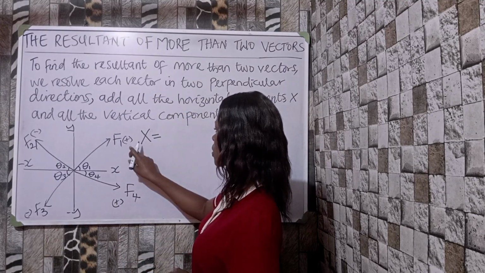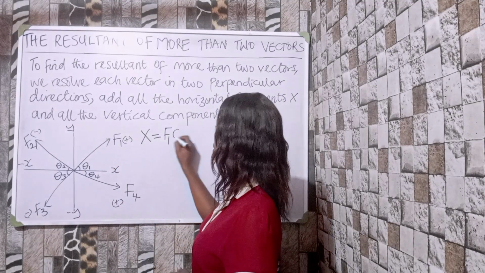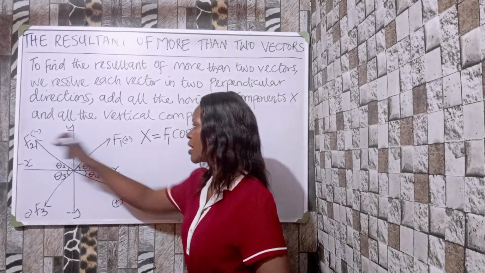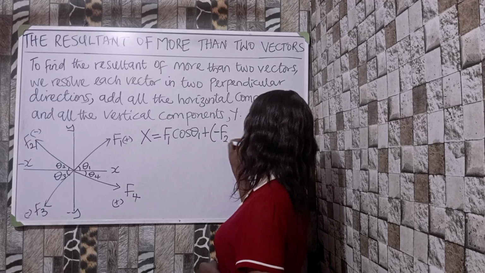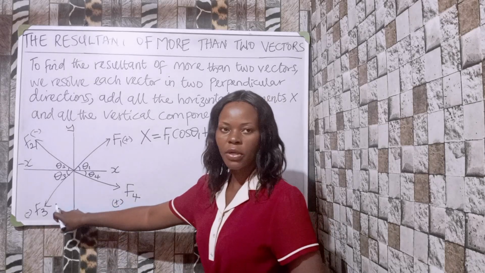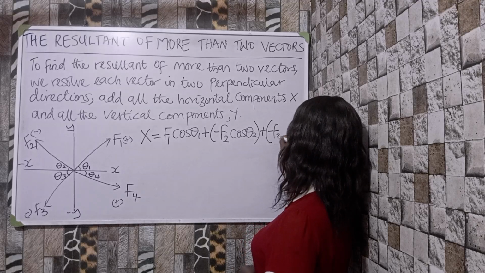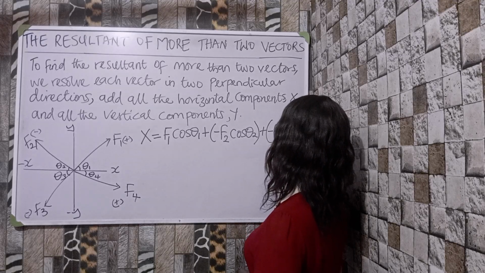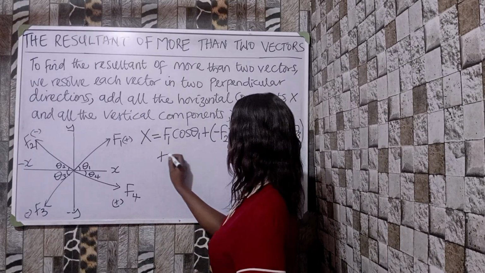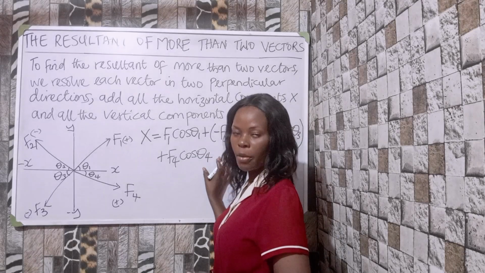So you are going to say: F1 cos theta 1, plus bracket minus F2 cos theta 2, plus bracket minus F3 cos theta 3, plus F4 cos theta 4. I hope you get this now.